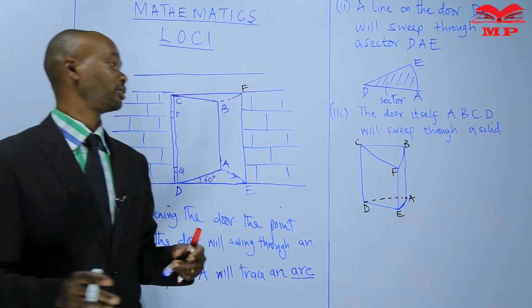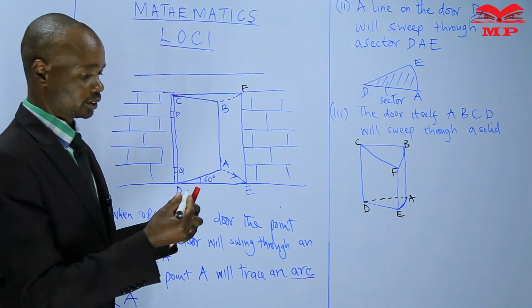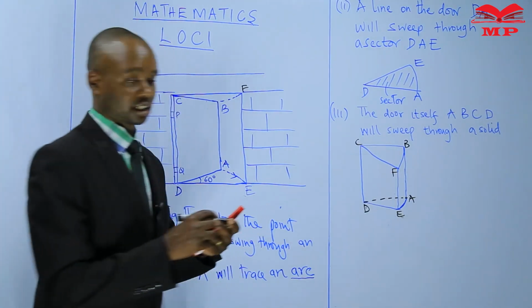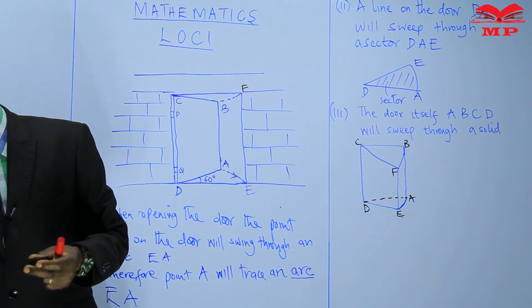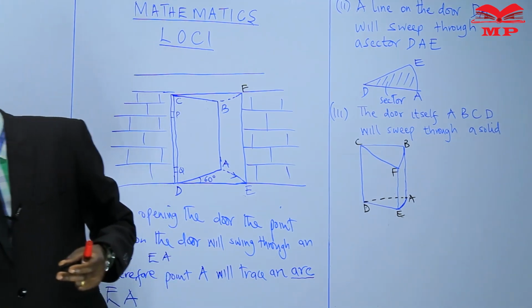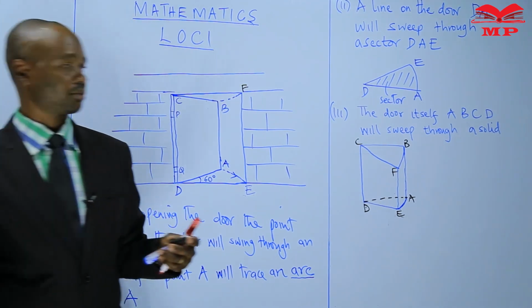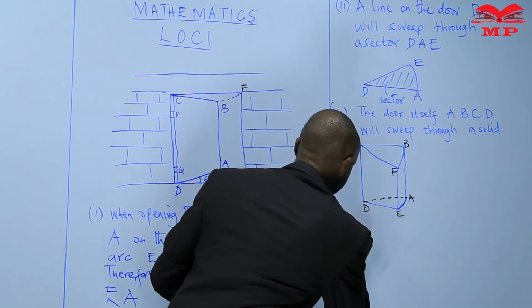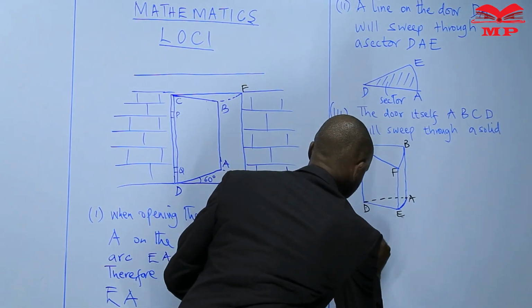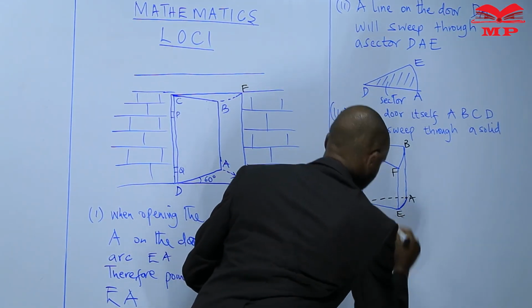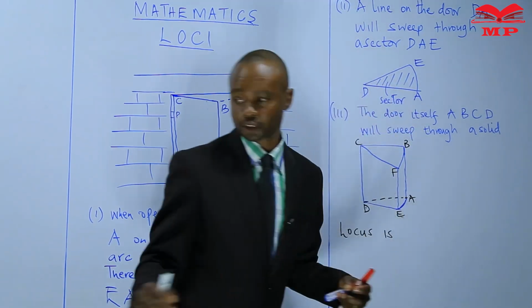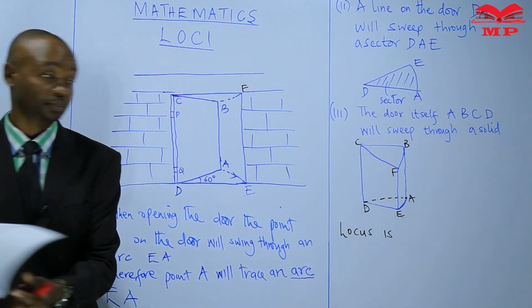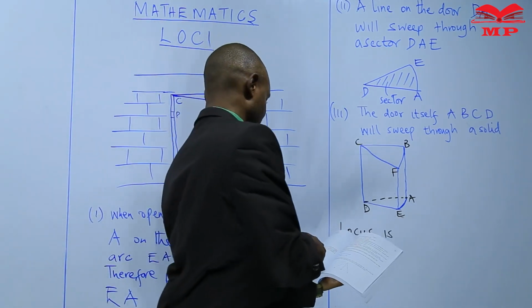So we shall then go to the definition of a locus, what a loci or locus is. Locus is therefore the path.